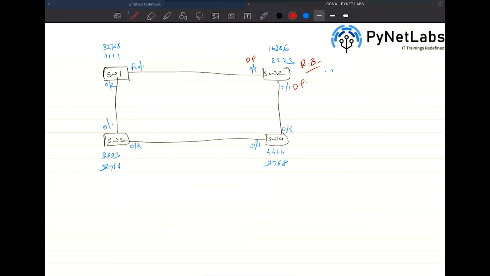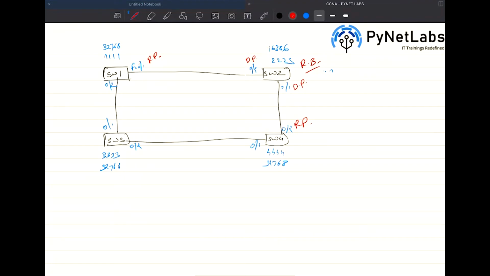That's why FA0/1 of switch 1 is going to be our root port. So this stands as the root port. Then what is going to be the root port of our switch 4? It will be FA0/2. Perfect. So we will have FA0/2 as our root port because it has the lowest path cost.